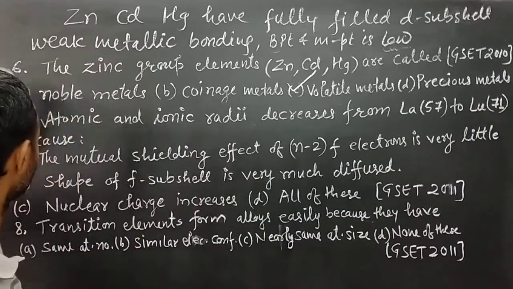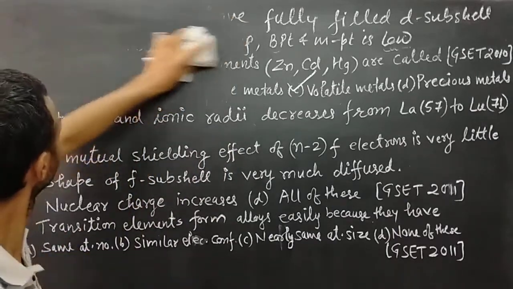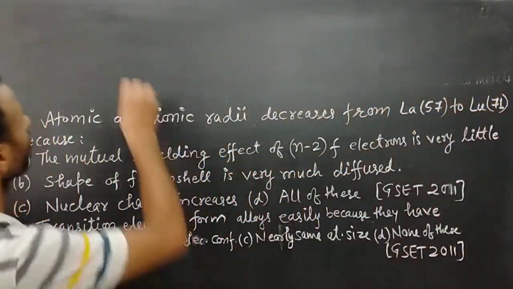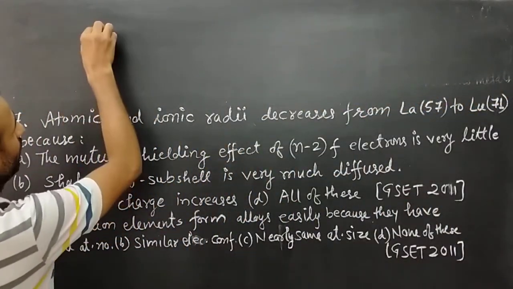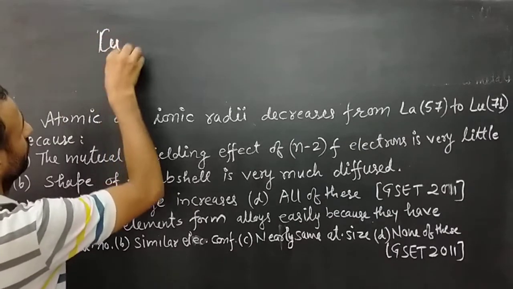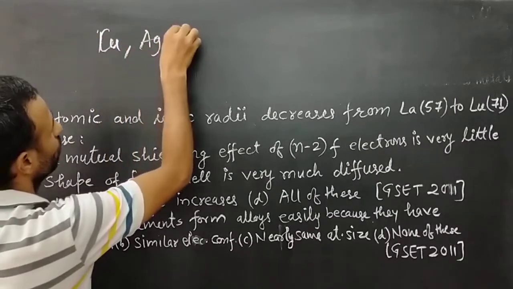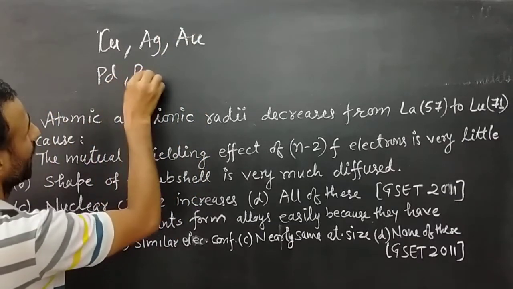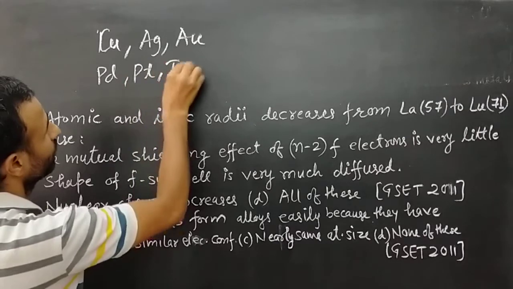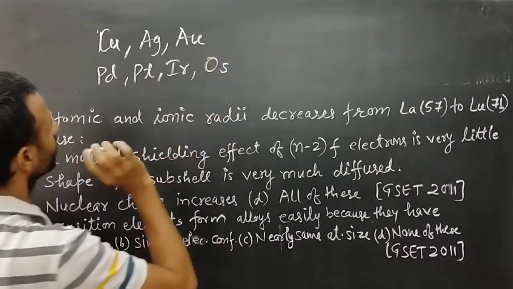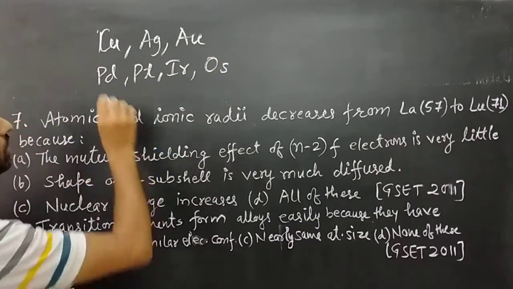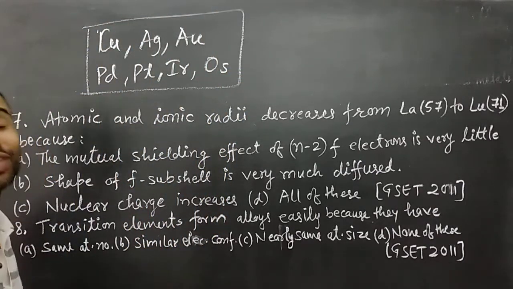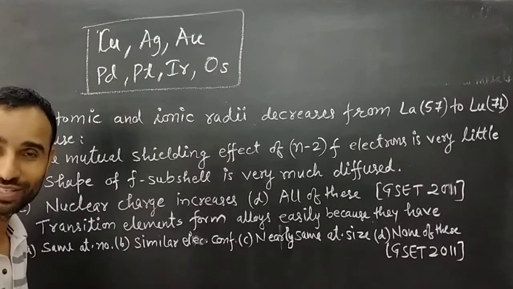spacecraft. So copper, silver, gold, palladium, platinum, iridium, osmium: these metals are noble metals, these are precious metals.